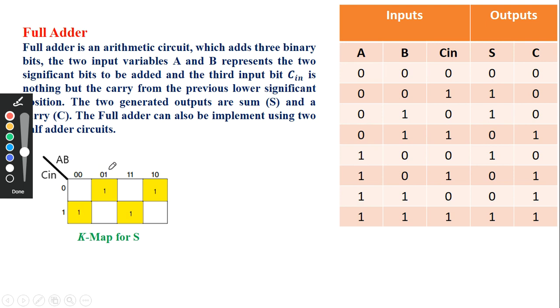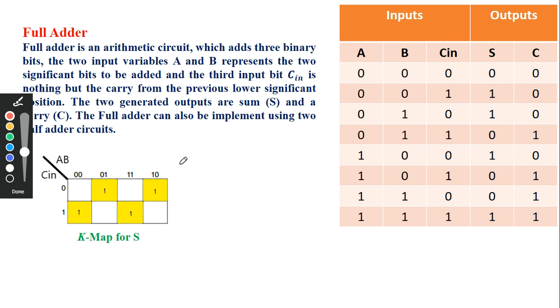Next, A0, B1, C0. Next case is A1, B0, C0. The fourth case is when all three inputs are 1, so A1, B1, C1.